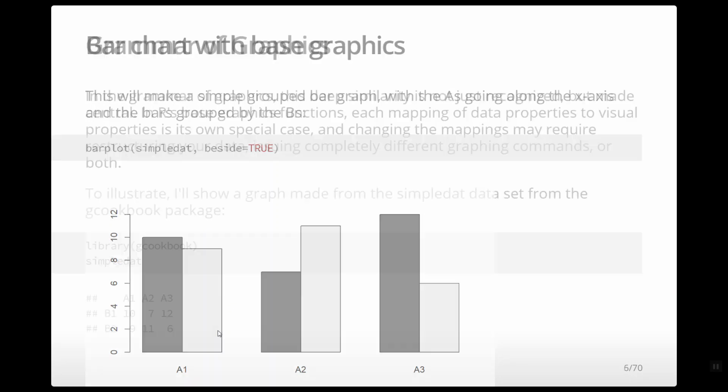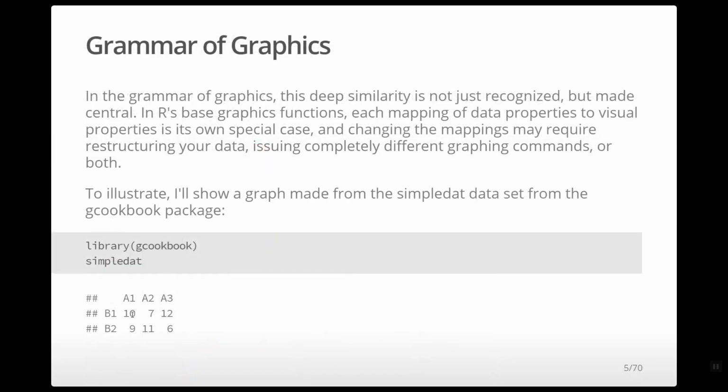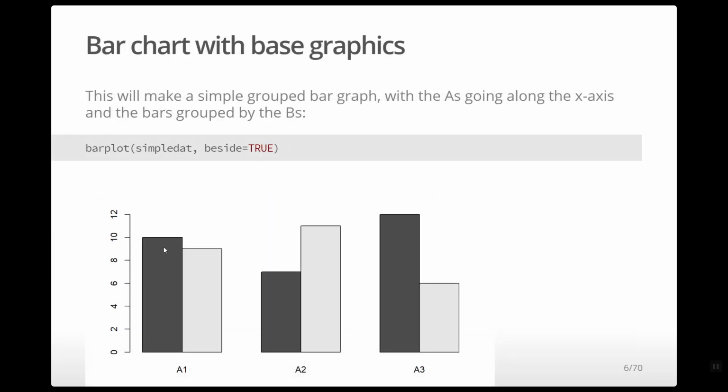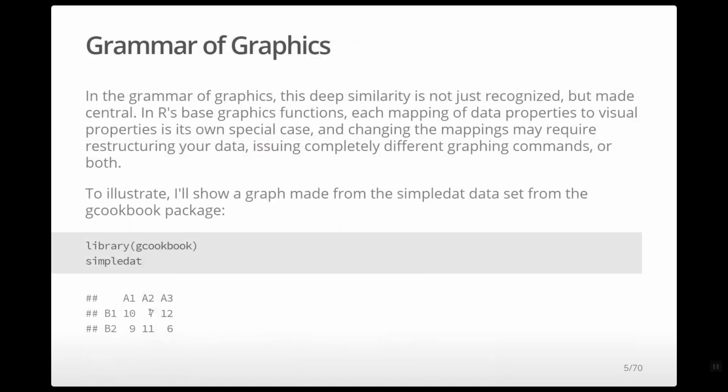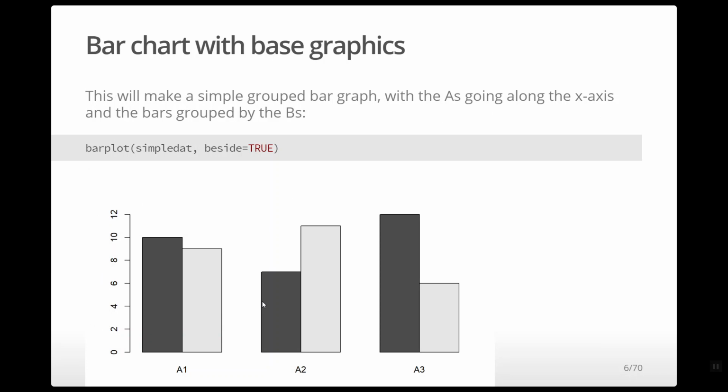So we can see A1 having a height of 10 for B1 and 9 for B2, and then as far as A2 goes, we have a height of 7 for B1 and a height of 11 for B2, and so on and so forth, okay?